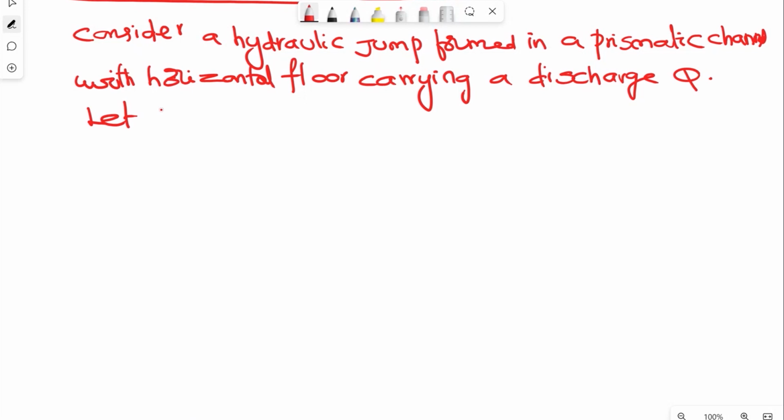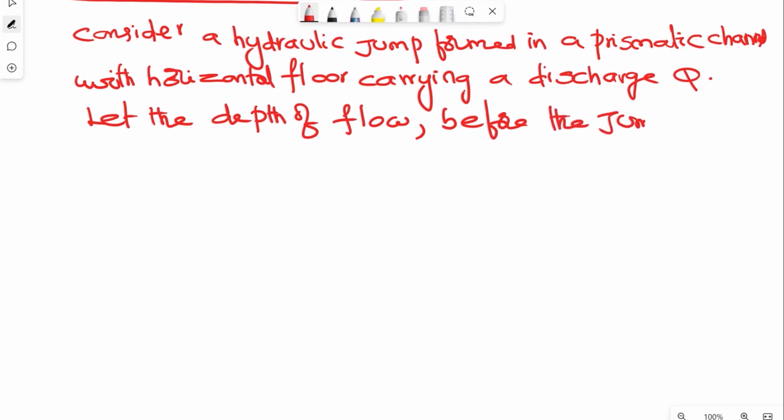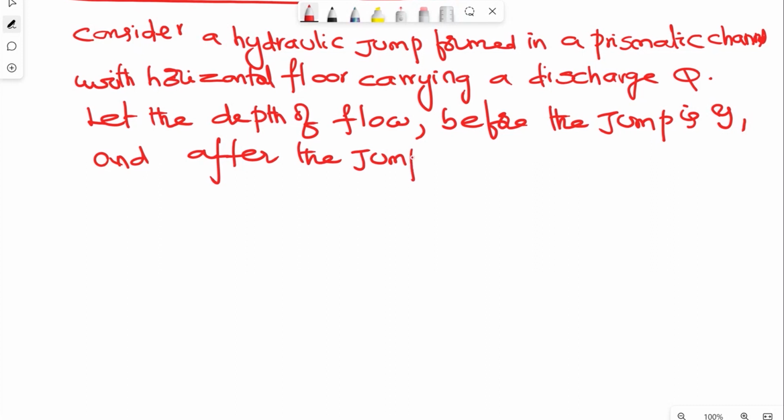Let the depth of flow before the jump be y1 and after the jump y2. This is the next point. Two points I mentioned, right?